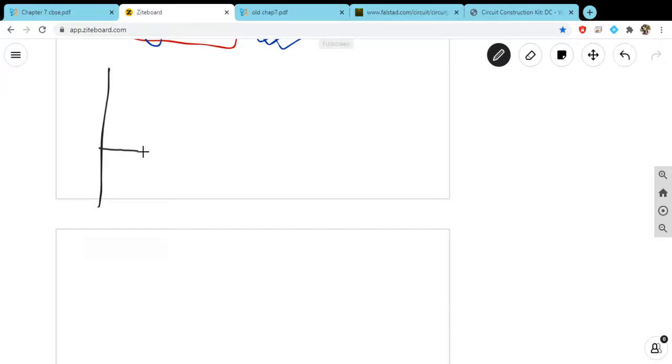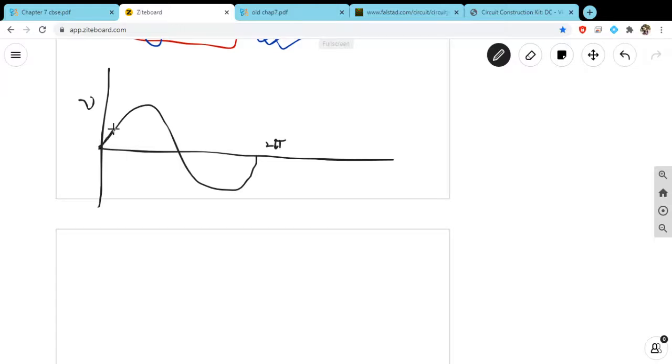Our graph for the voltage was like this. Now this is important, understand this. Up to 2 pi, this will be our graph for the voltage. You see the voltage keeps changing with time.